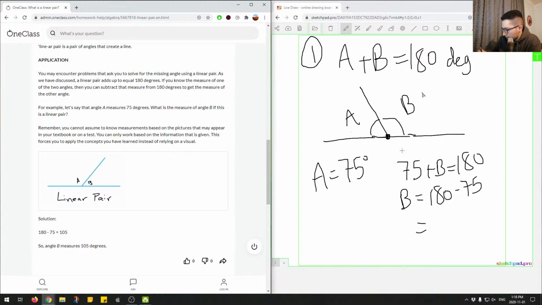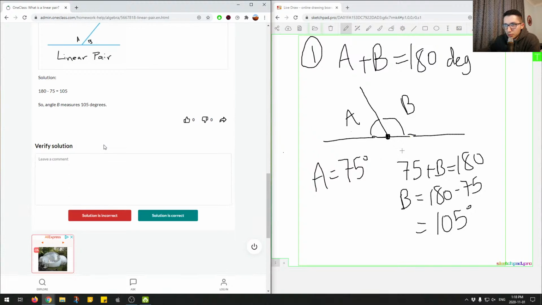And then we end up with 105 for angle B. So this solution is correct. It correctly describes what a linear pair is and gives an example. So great job. Correct answer and explanation. And we'll mark this as correct.